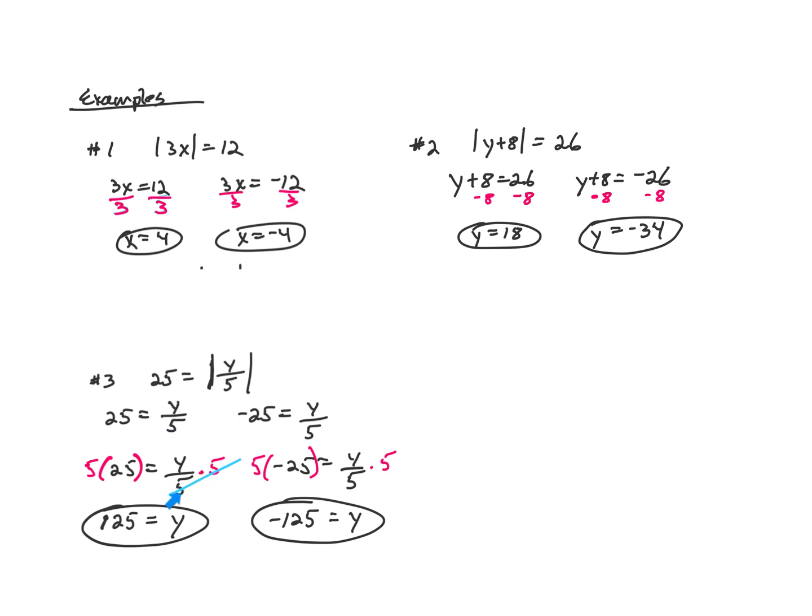Over here with the variable, these 5's cancel. 5 divided by 5 is 1, so all we're left with is 1y. We multiply the left side by 5 as well. 25 times 5 is 125. Same thing on the right, but when you multiply negative 25 times 5, you get negative 125. So those are your two solutions.